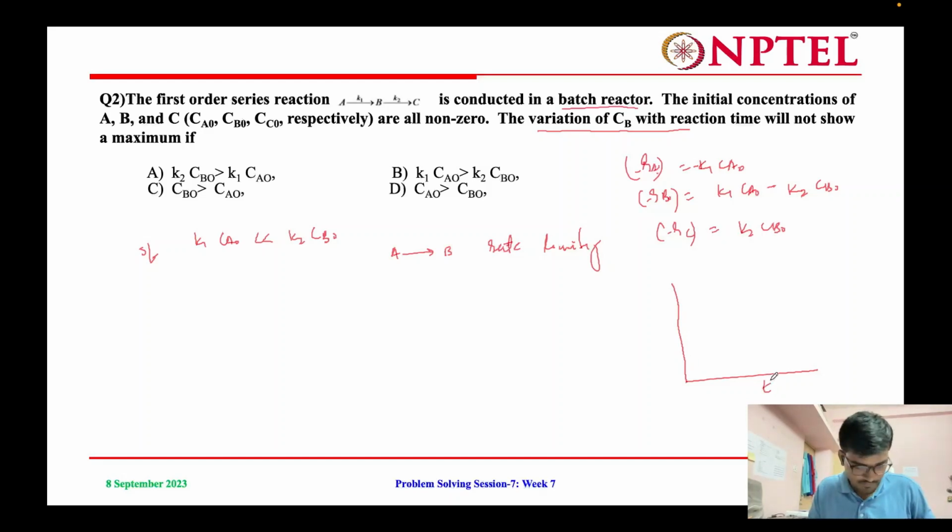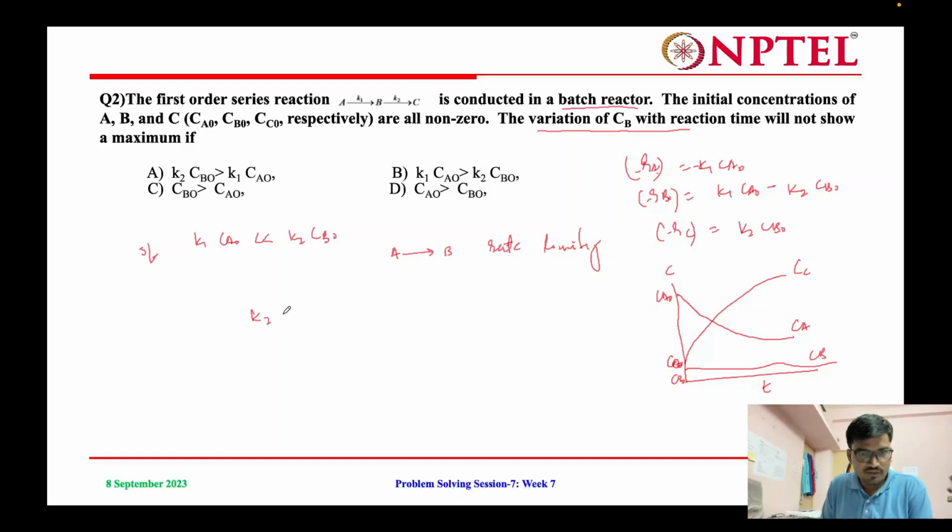So time versus concentrations. CA is going to reduce, C is going to form, and this is the initial CB, the rate limiting one. So this is a match, and you can check the other conditions also.